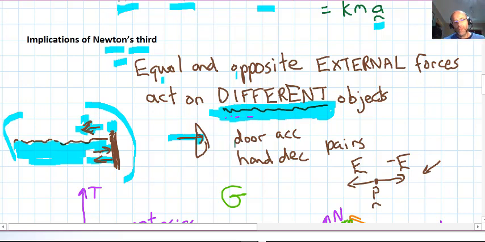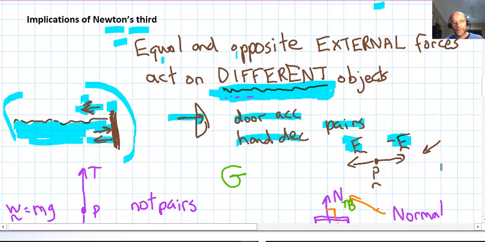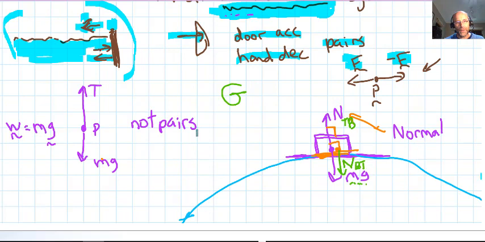So the door accelerates and the hand decelerates. We have two objects, so that's a pair. All right, so a car getting pulled out of a bog. The car puts force on the rope, the rope puts force back on the car. If one car's towing another, those are the cases of pairs.